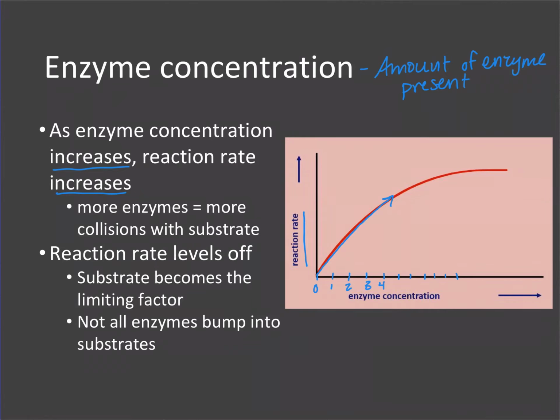But you'll notice that it reaches a point where that reaction starts to level off. So it does get to a point where adding more enzymes does not speed up the rate of the reaction. And we'll go into that in a little bit more detail on the next page.